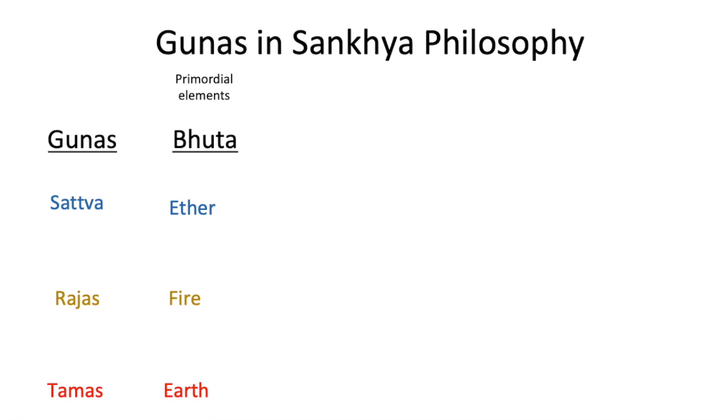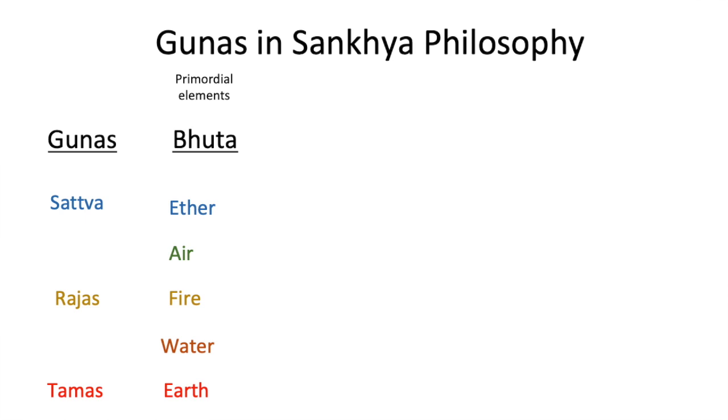Between fire and ether, you have air. The air is kind of half sattvic, half rajasic. And between rajas and tamas, you have water. So between earth and fire, you have water. This is how our five elements of earth, water, fire, air, and ether map into the three elements of tamas, rajas, and sattva.